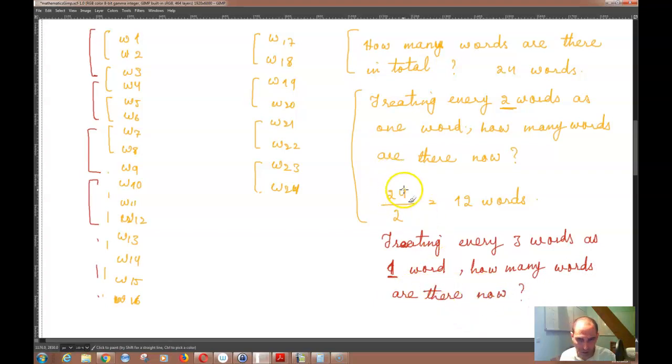Then you would again take the total number of words, which is 24, divided by 3, and you would tell me that there are 8 words there now, right? And so on and so forth.